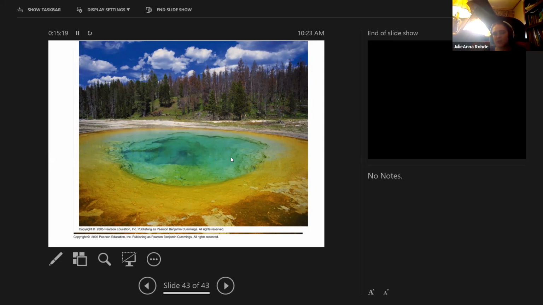It's more favorable for warmer temperatures. So anyway, it's one of those cool properties of these extremophiles. They have their range they really like, and that indicates to you what temperature that water is.